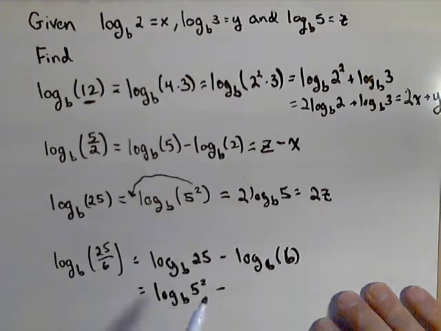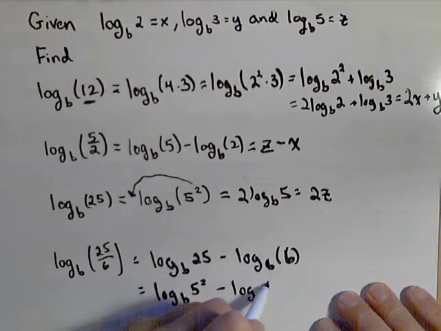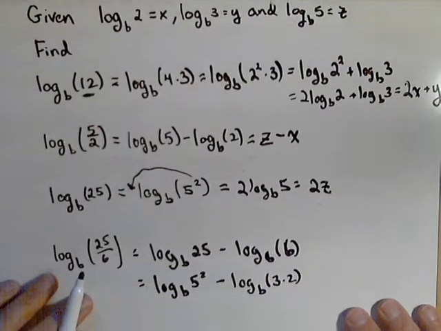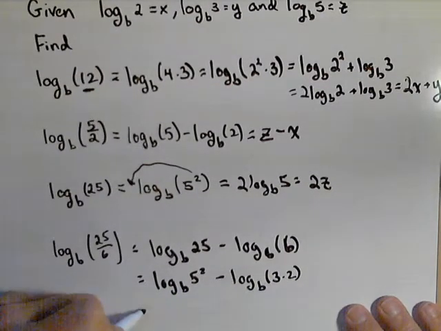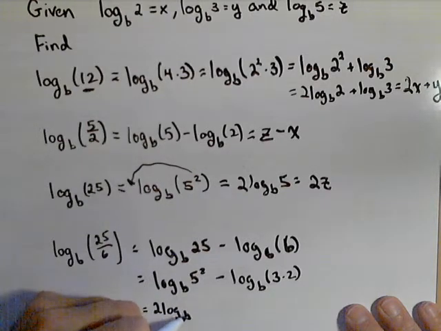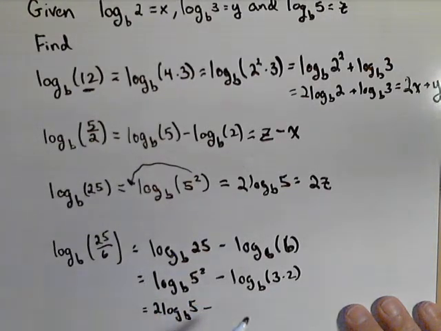Now log base b of 6, I could rewrite as log base b of 3 times 2. So this first one is going to be 2 times log base b of 5 minus, and now I do need to put this in parentheses, log base b of 3 plus log base b of 2.